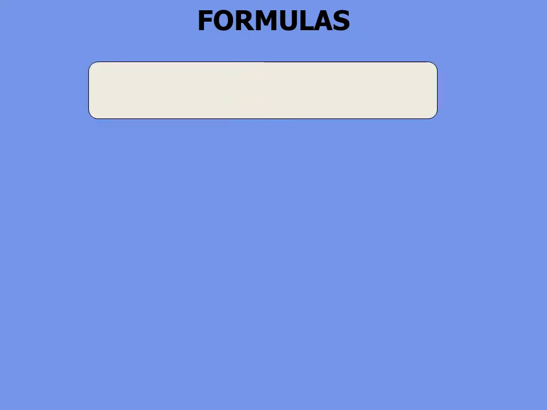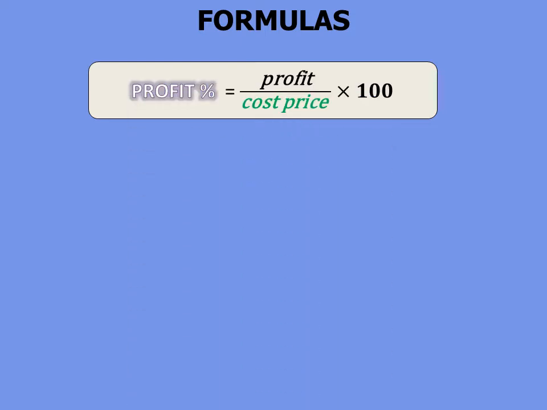Let's look into some formulas. So whenever we're calculating profit and loss percentage, it's easy to do. To calculate the profit percent, we take our profit and we divide it by the cost price.